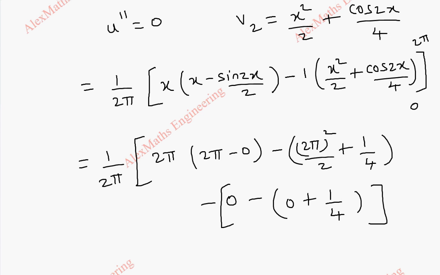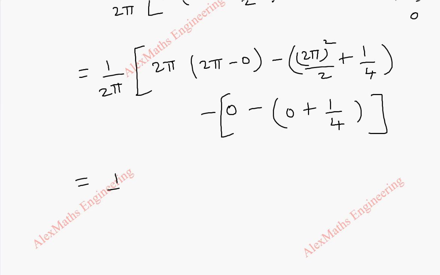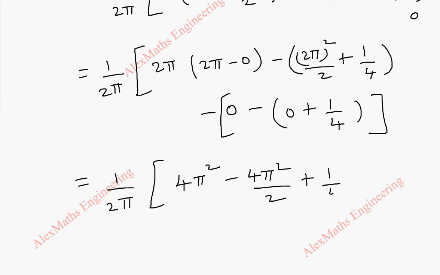So finally, we have 1 by 2 pi. This is 4 pi square. This is minus 4 pi square by 2. And we have 1 by 4.